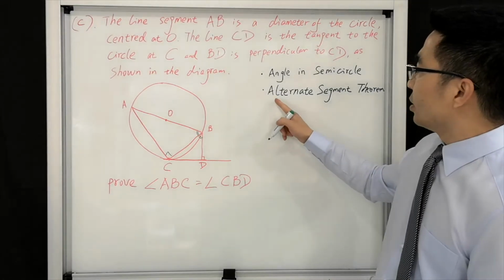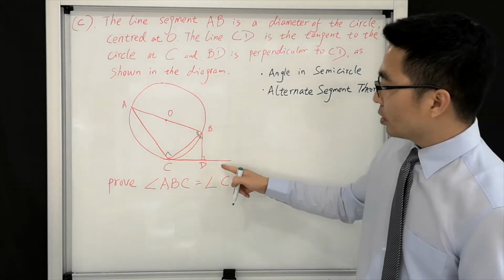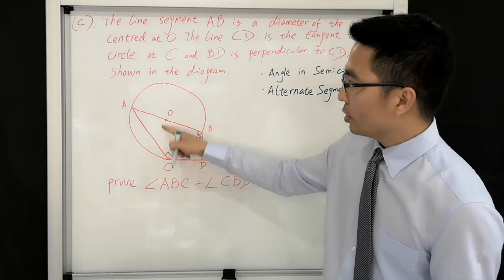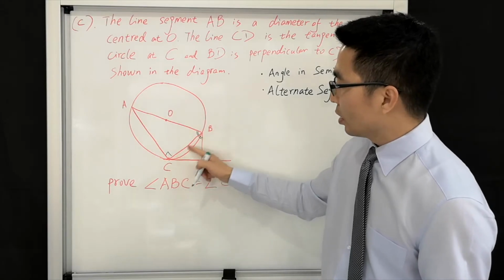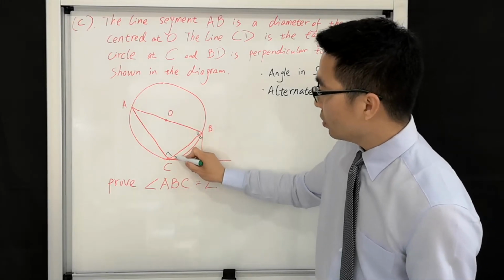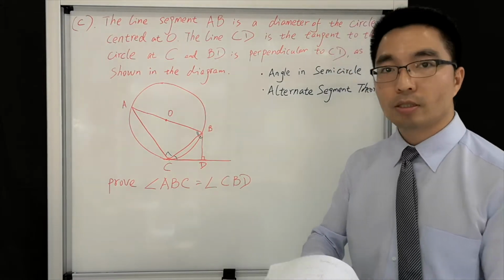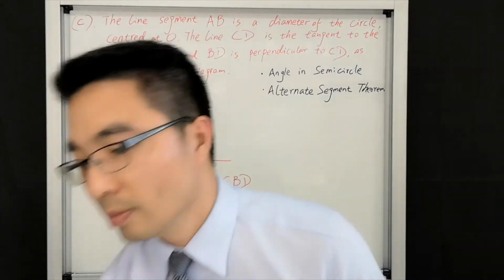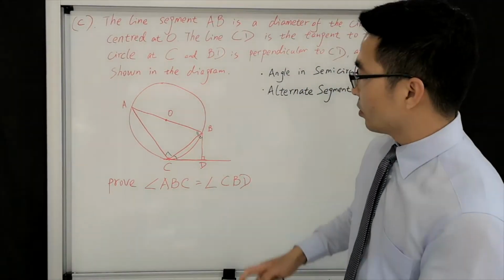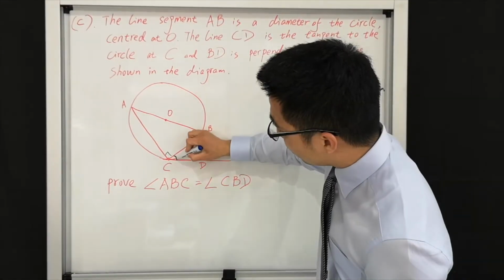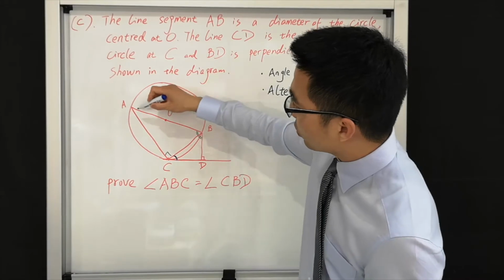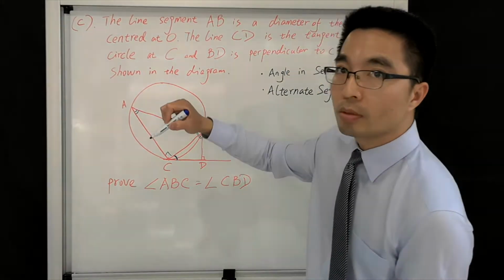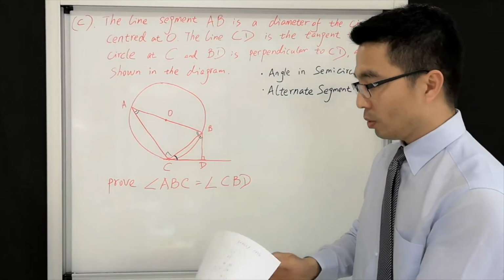And for the alternate segment theorem, the tangent touching the circle with a chord over here, this angle, I'm using different colors, this angle equals this angle.